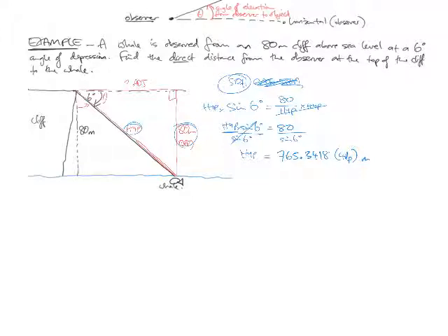So that is 765.3418 meters. That's an example of using trigonometric ratios and trigonometry in a problem-solving capacity, and also an example of angle of depression, angle of elevation type of question.